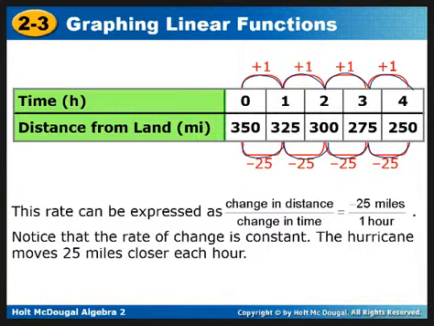If those changes are constant all the way through, like in this case on the top, we are constantly changing our input values by 1. On the bottom, the resulting output values are always changing or basically dropping by 25. In both cases, they're constant, so we can be sure that this is a linear function.